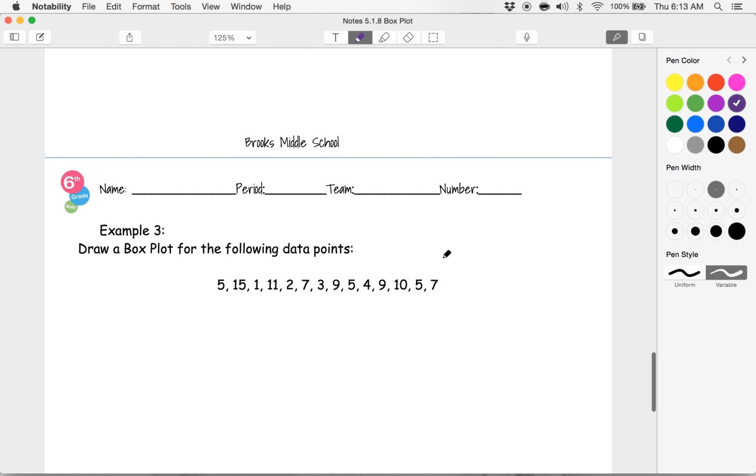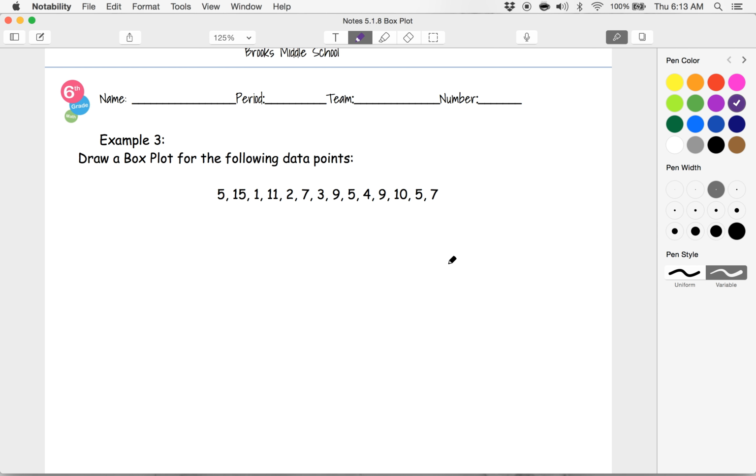All right, we're going to come on down and take a look at example 3. So for example 3, same thing. Let's put those numbers in order. I have 1, 2, 3, 4, 5. Ooh, how many 5s do I have? Oh, 2 more. 5 and 5.